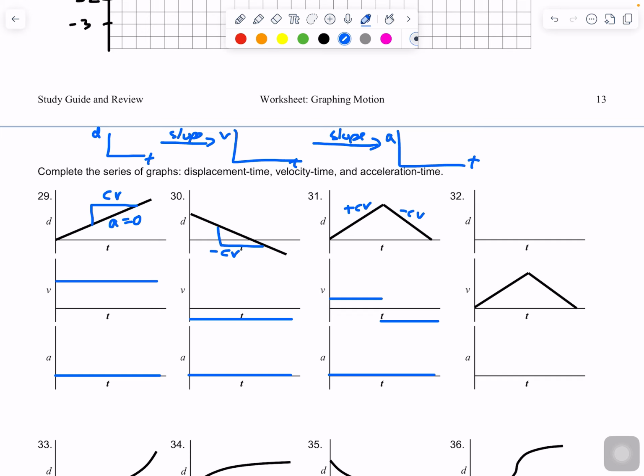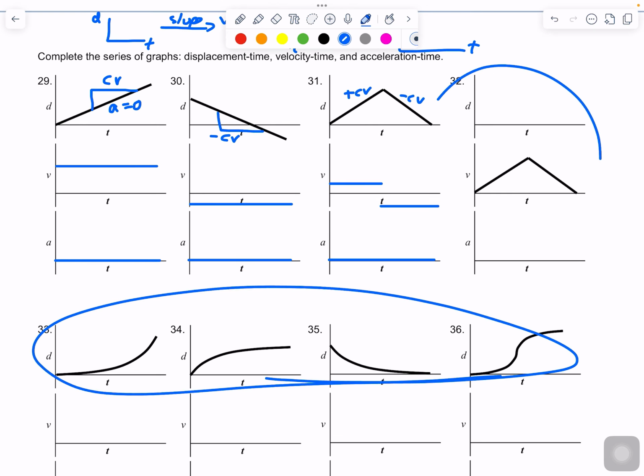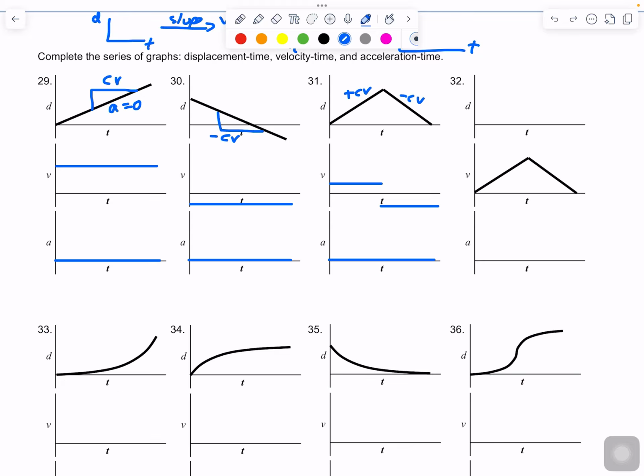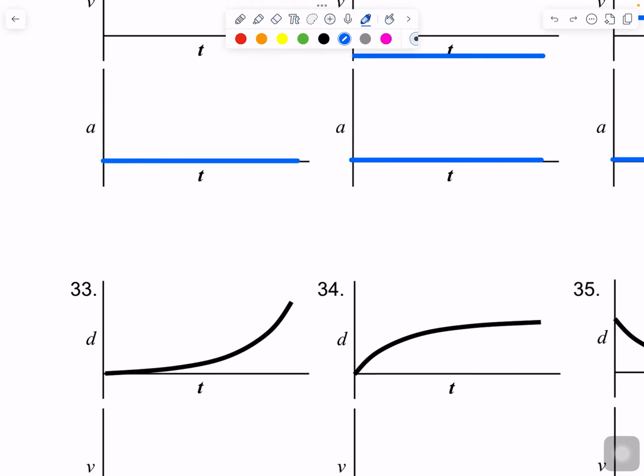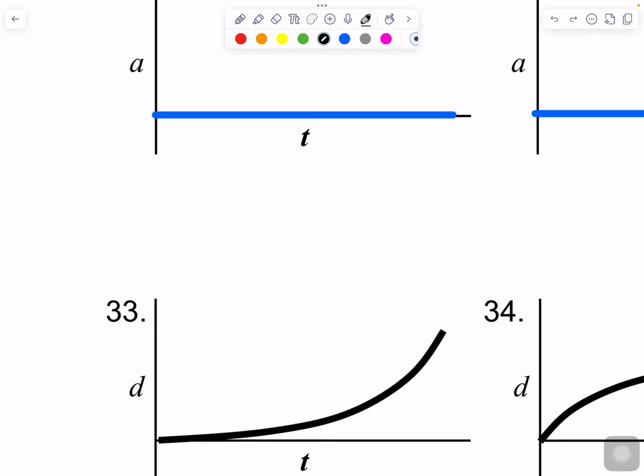Now when we get to 32, I'm going to come back to 32 in a minute because it's starting with a velocity time graph. So let's tackle these position time graphs here, and then 32 will make more sense. Okay. Now, above 33 through 36, let's write the following phrase.